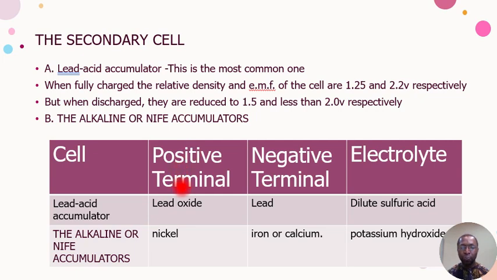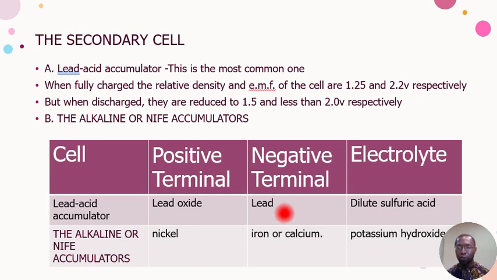Now, for the lead acid accumulator and the alkaline accumulator, their positive electrodes are different. The lead acid accumulator has lead oxide as its positive electrode, but the alkaline accumulator has nickel as its positive electrode.